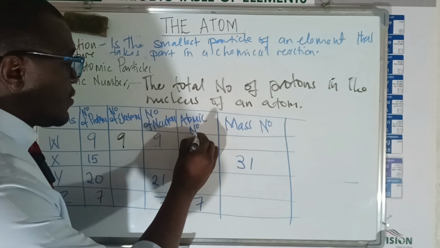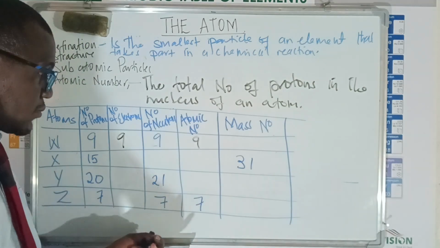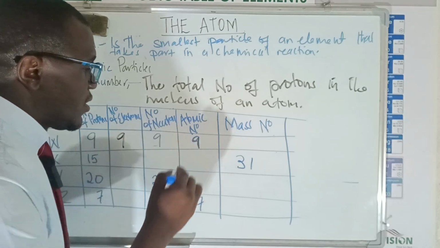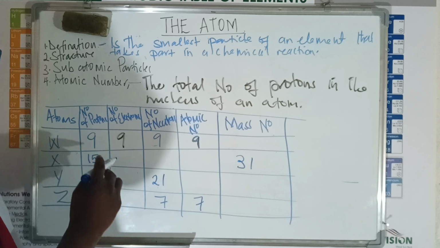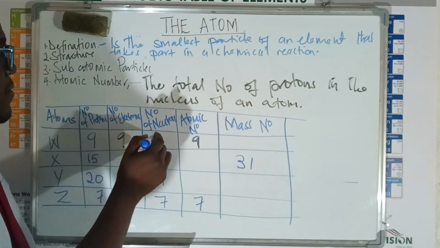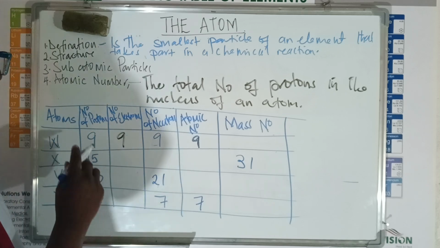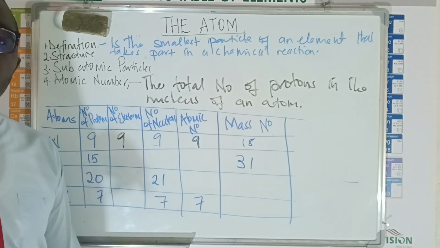So here must also be 9. I'll use blue there. Then you can work out the mass number, because mass number is the number of protons plus the number of neutrons in an atom. So that is 9 plus 9, which gives us 18. So that is how you fill that table.